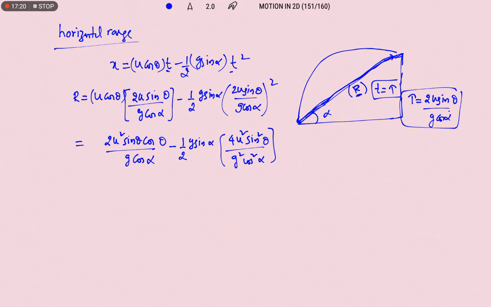At the next step we are going to use some trigonometric relations. Let us see. Take u square by g cos square alpha common from the two expressions.